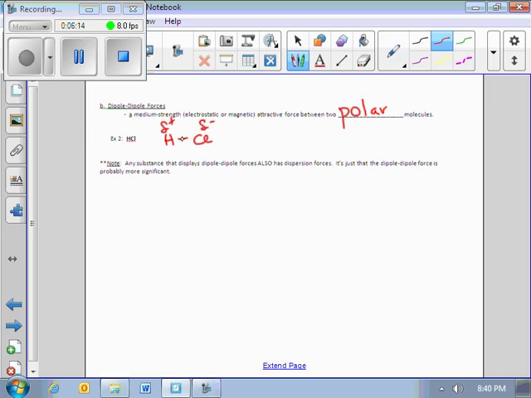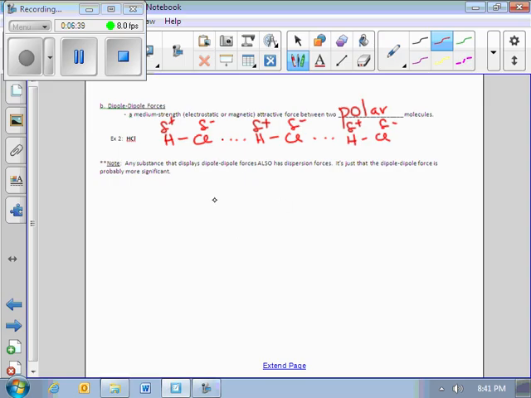Well, this molecule will very easily attract the positive end of another molecule, and so on and so forth. All right, so that's how a bunch of polar molecules would be attracted to each other. Remember, the dotted line in the middle is the intermolecular force, in this case a dipole-dipole force, okay?